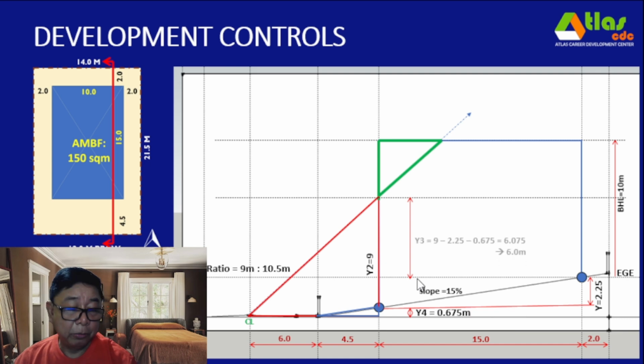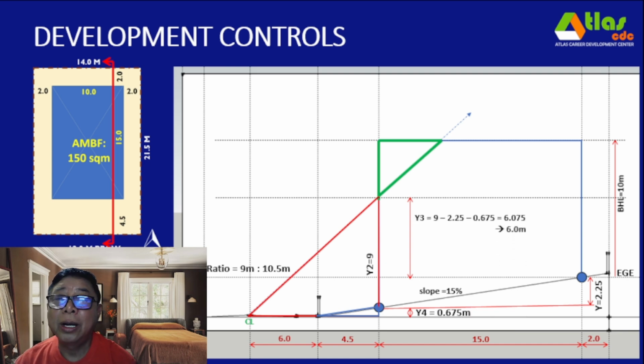We will arrive at our y3 with a value of 9 minus 2.25 minus 0.675, or a height of 6.075 meters, and we round it off to 6 meters. So with this information, we can now compute for the dimension of this triangle, the area to be computed.